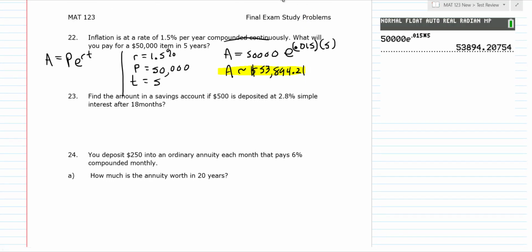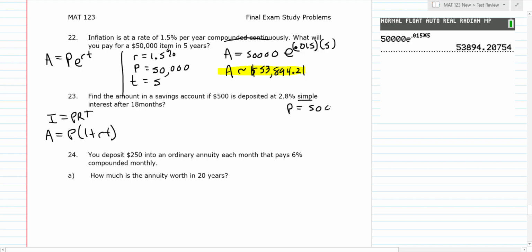Okay, the next problem says find the amount in a savings account if $500 is deposited at 2.8% simple interest after 18 months. So the simple interest formula, there's two of them. I equals PRT, and there's A equals P times 1 plus RT. In this problem, P is the principal.